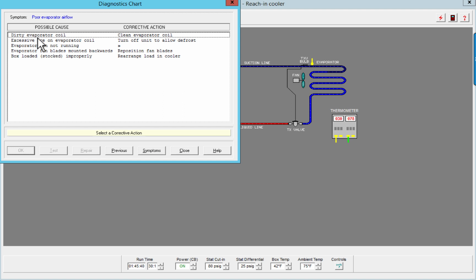And I'm going to go with dirty evaporator coil because, again, we know our fan is running. We looked at the fan airflow when we looked at the evaporator fan. It was flowing the right direction. Okay, so let's go ahead and click OK.